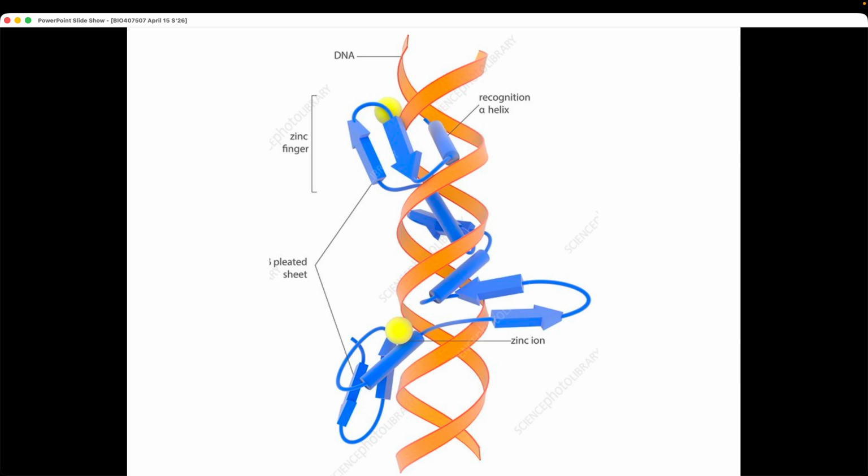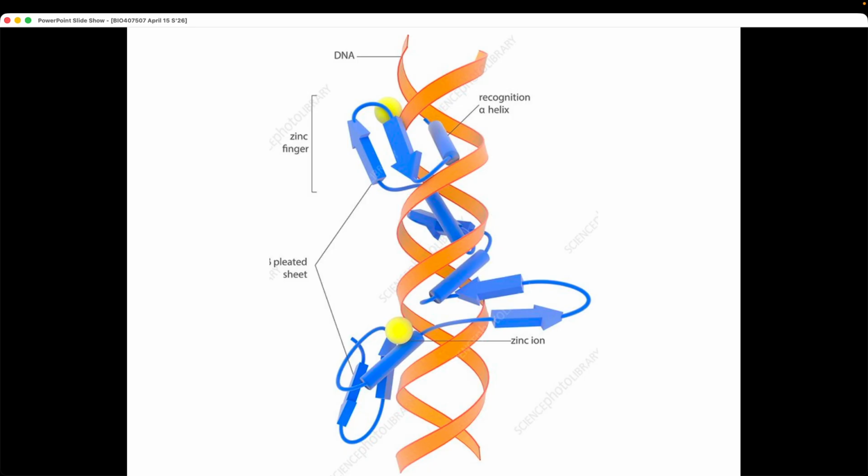Scientists call this organization a zinc finger because it's coordinated by, held by zinc, that's essential, and it looks like the protein has fingers that are sliding into these grooves.